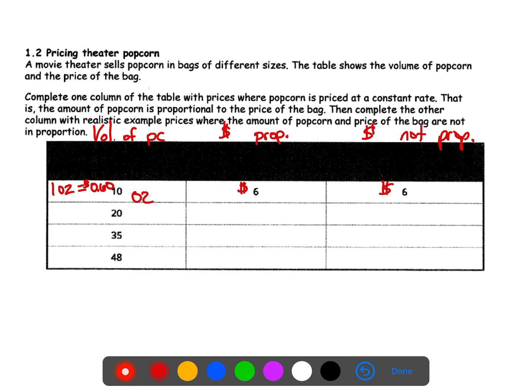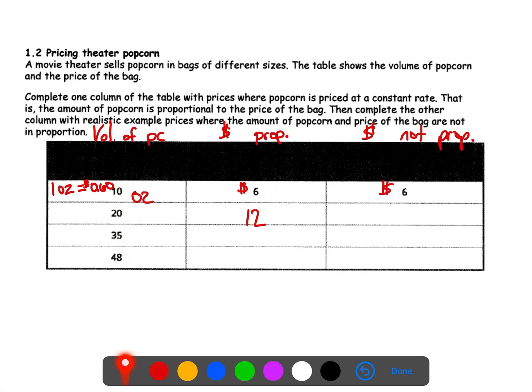All right. Now, if that's the case, and honestly, just looking here, I can see that if 10 ounces cost $6, then if we double the size, we should double the price so that 20 ounces of popcorn will cost $12. And 35 ounces is now getting from here to here, getting 3.5 times bigger.